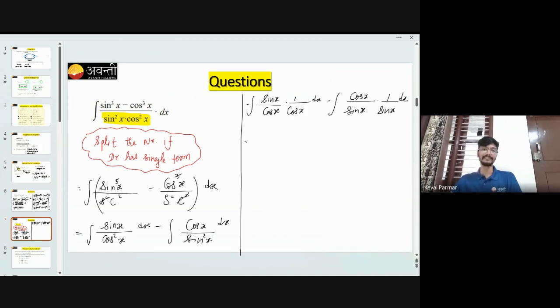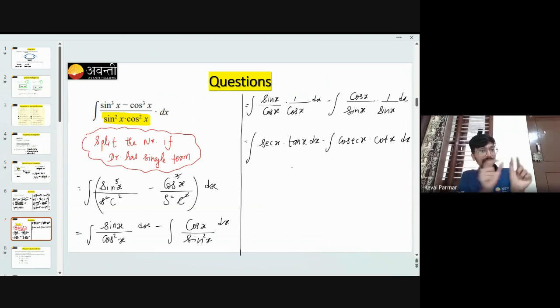So that means, integration of 1 upon cos is sec and sine upon cos is tan, minus here 1 upon sine is cosec and cos upon sine is cot. And we know both of these formulae. Why? Because derivative of sec x is sec x tan x. So integration of sec x tan x will be sec x.